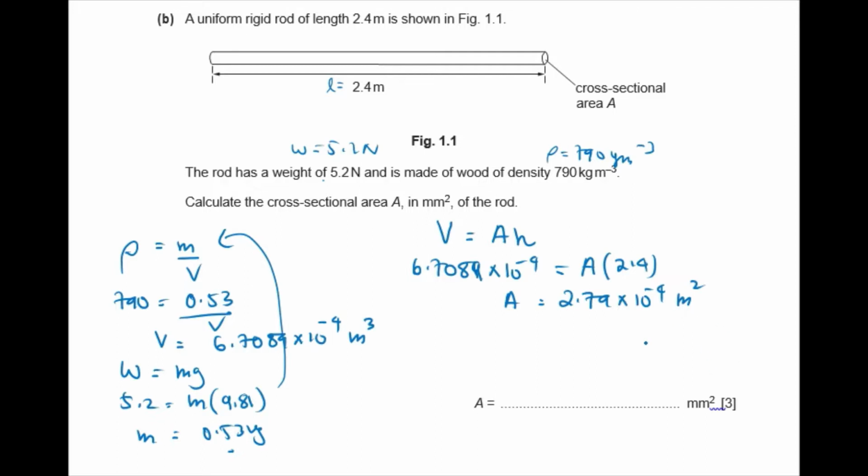So area, 2.79 times 10 power negative 4 meter squared, times 10 power of 6 millimeter squared. So final answer: 2.79 times 10 power of 2 millimeter squared.